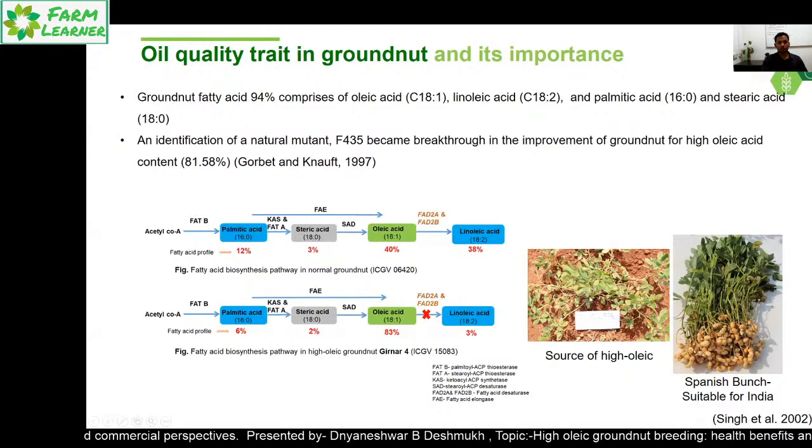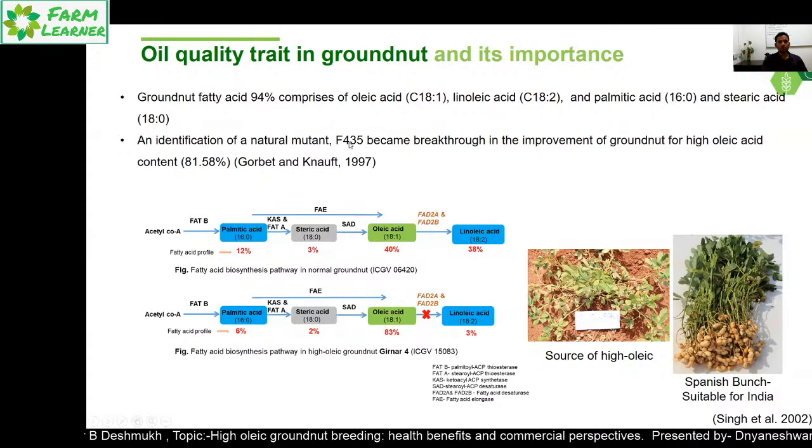This is the Florida mutant. It was found that oleic acid content was double the normal. This cultivar had about 82% oleic acid, whereas normal groundnut contains only about 40% oleic acid.